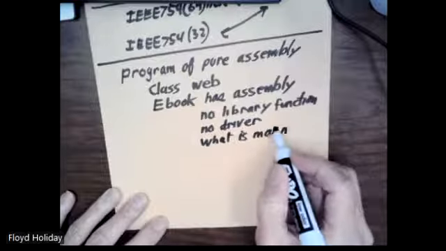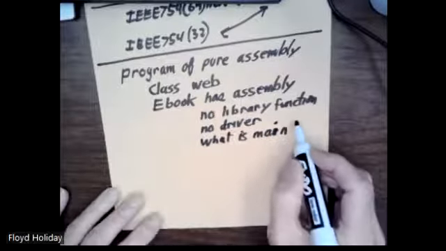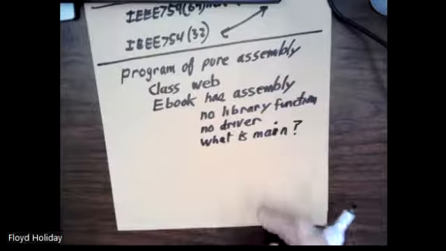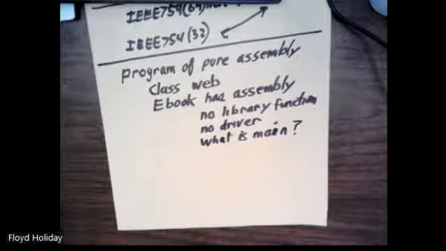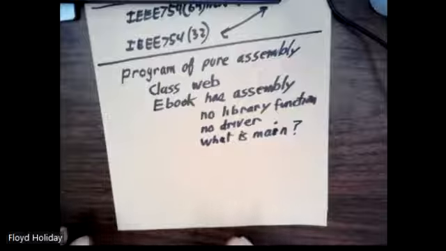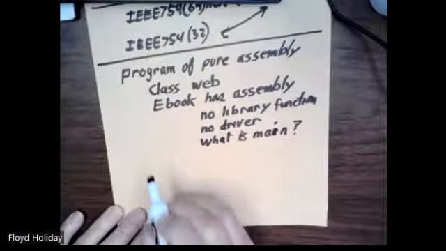Main, M-A-I-N. What is main's replacement called? And there's some people in the world and some companies who program that way. They don't have C or C++ available. A lot of these people are programming for device drivers.